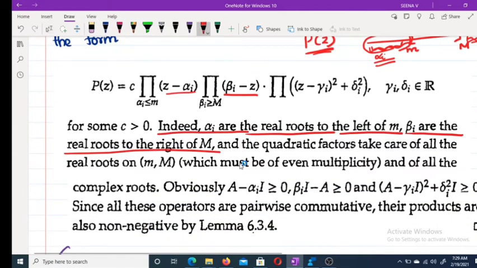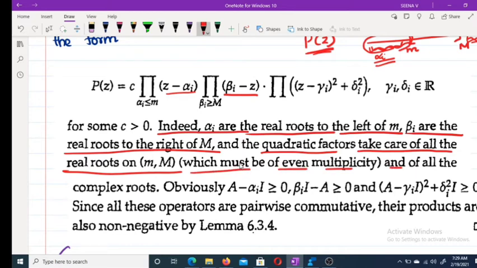The quadratic factors take care of all the real roots in [m, M], which must have even multiplicity, and all of the complex roots.